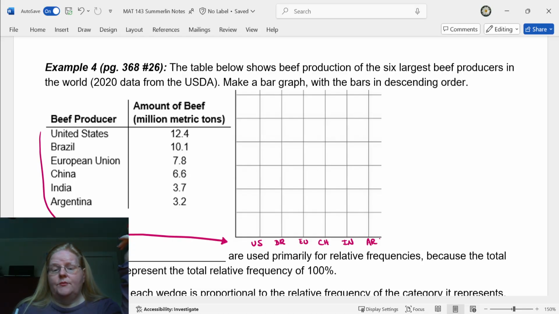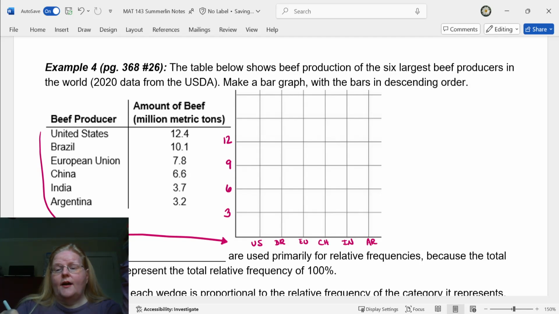I can't believe the U.S. is the top producer. So most of the graphs that you look at are going to already be drawn for you. So I'm not going to go into how I'm getting the numbers at the side. I'm just going to go ahead and write them. 3, 6, 9, and 12.